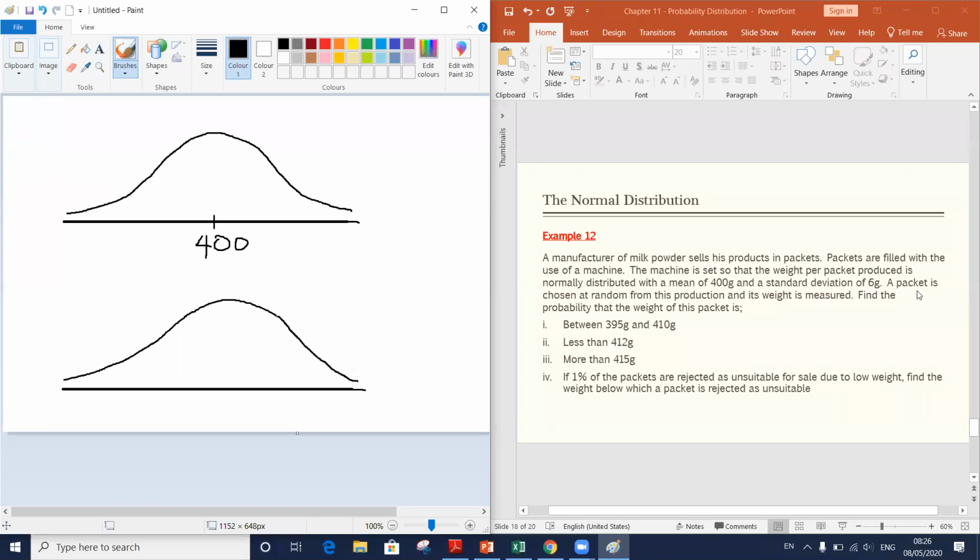Right. A packet is chosen at random from this production and its weight is measured. packet එකක් අහම්බෙන් තෝරගෙන ඒකේ weight එක measure කරනවලු.